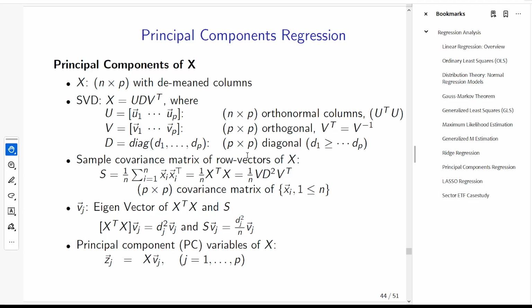With these eigenvectors, which are normalized to have length 1, we simply multiply our matrix X by the jth eigenvector, and we get our jth principal component variable. This is familiar in terms of how principal components computations work.